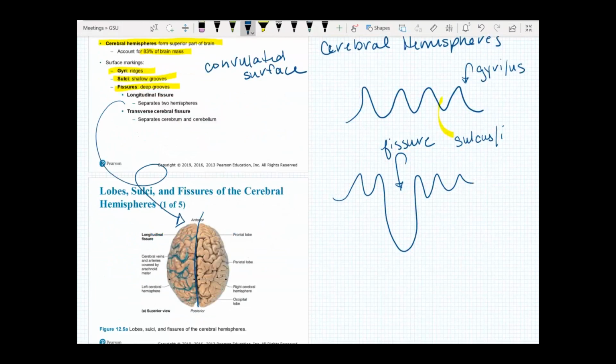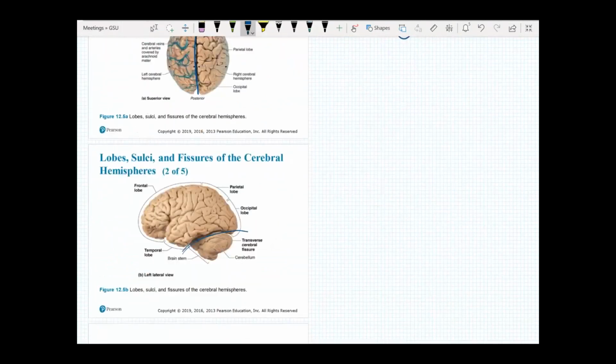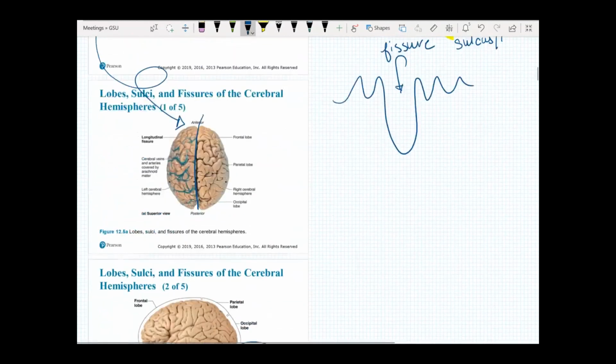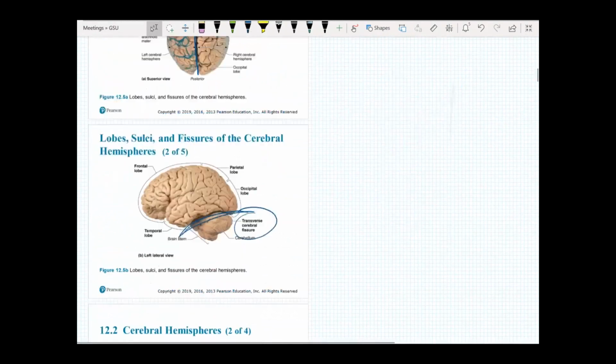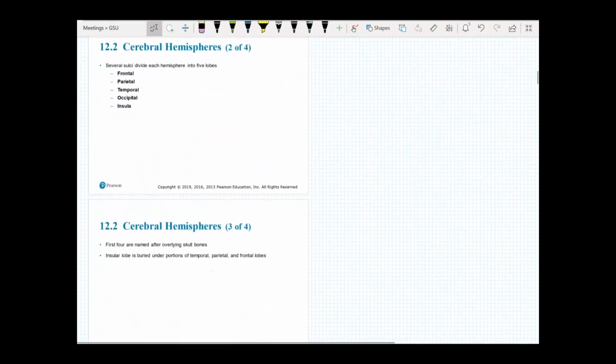Or the transverse fissure, which will separate the cerebrum and the cerebellum, and we don't have that view. We have it right here. You can see that right there. Those are the two major fissures. All of the other folded pieces are going to be made by the gyrus and the sulcus. So those two terms are going to be our landmarks when we're talking about the brain.